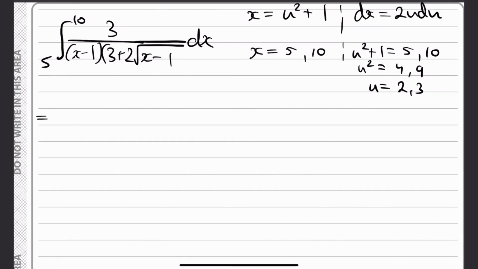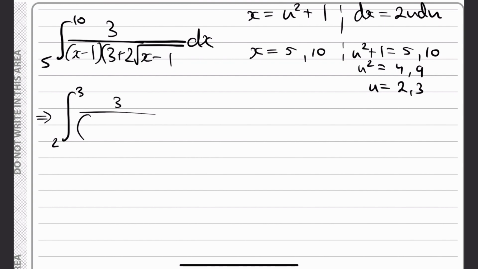So when we transform this integral, it's going to become the integral from 2 to 3 of 3 over, and then putting x into this, u squared plus 1 minus 1 is just going to simplify to u squared. And same kind of thing here. 2 times put x into there, and you get u squared like that.